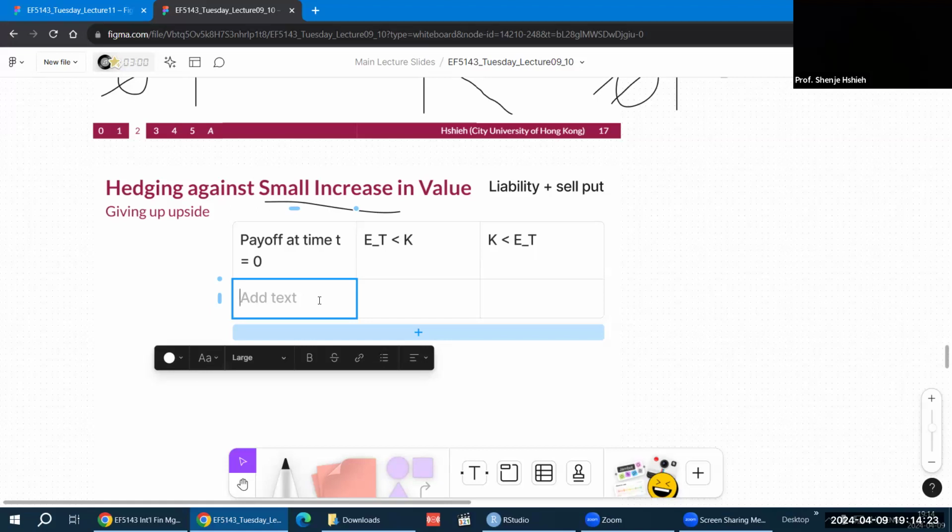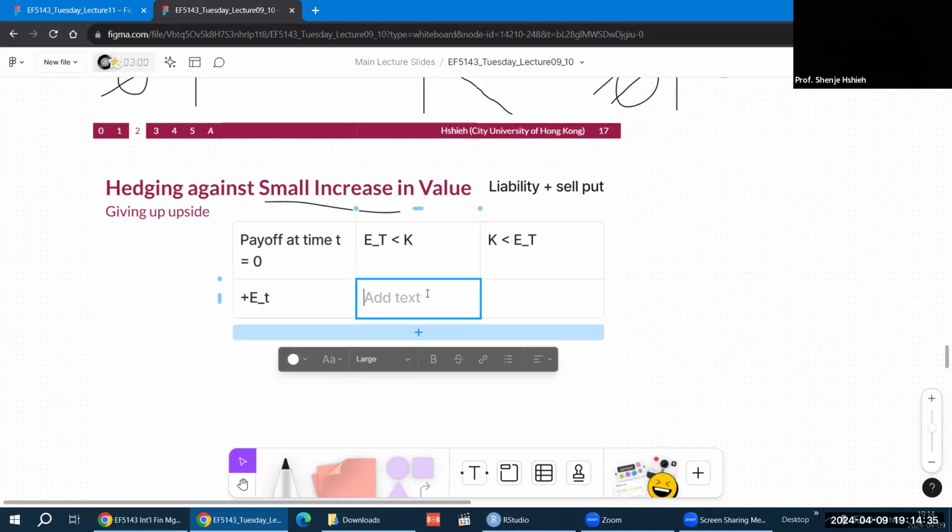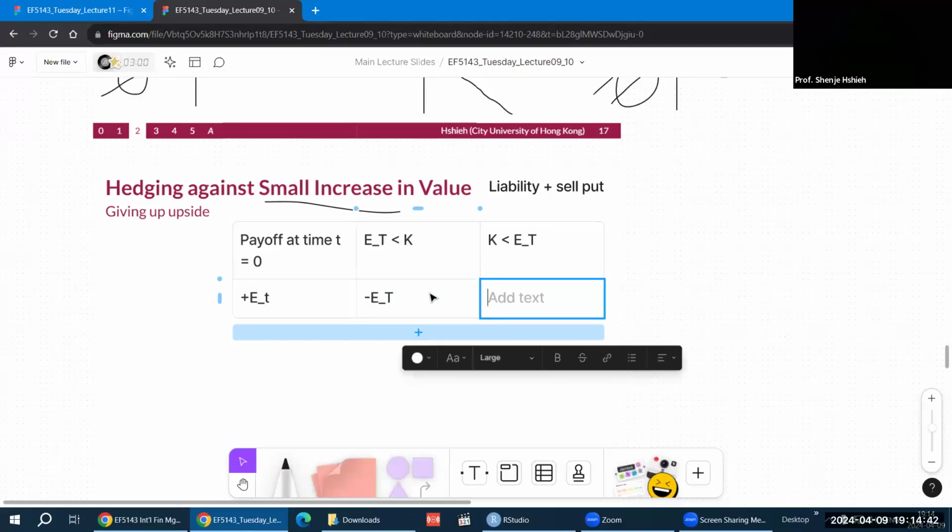It's a liability, which means we must have sold something today and we have to buy it back cheaper. So you're betting that the underlying asset will have decreased in value in the future. We will receive E_t and we will have to buy it back at E_T.